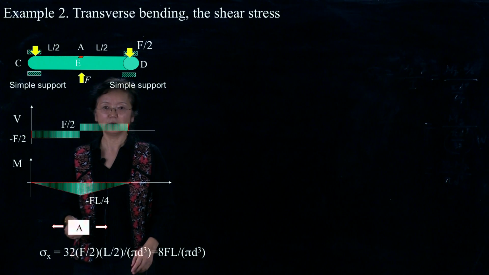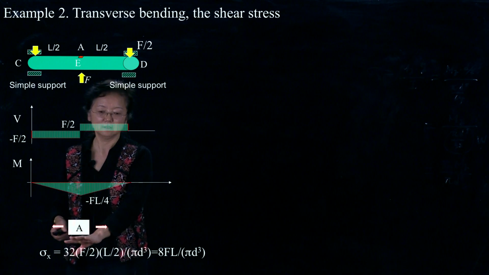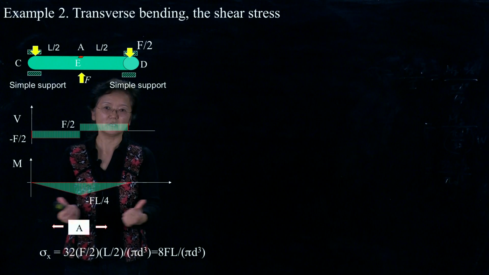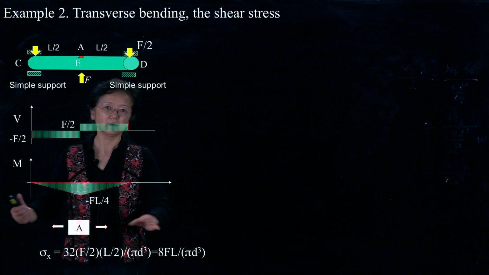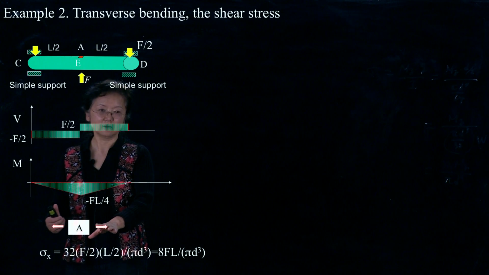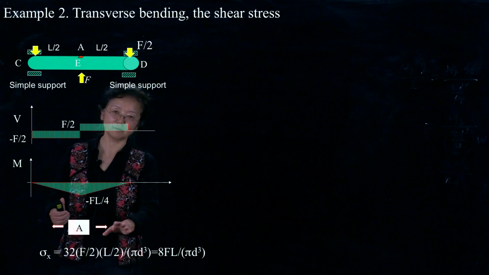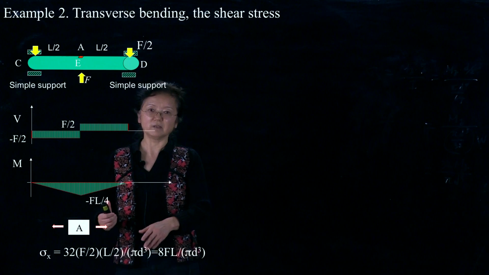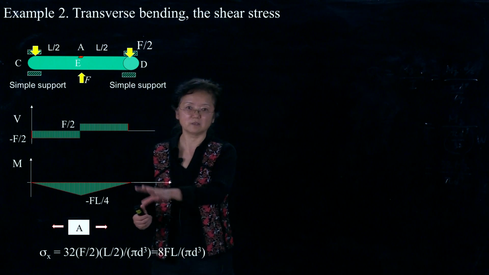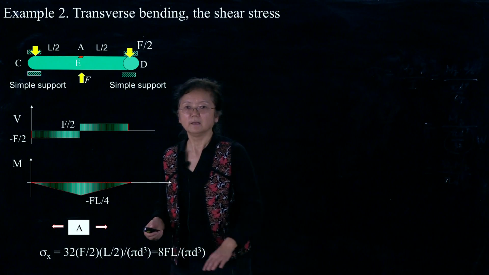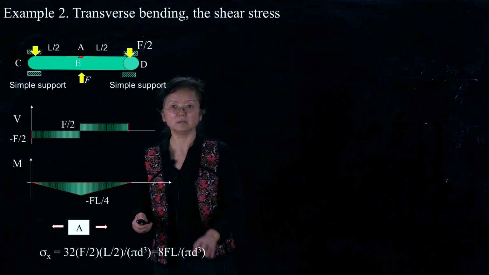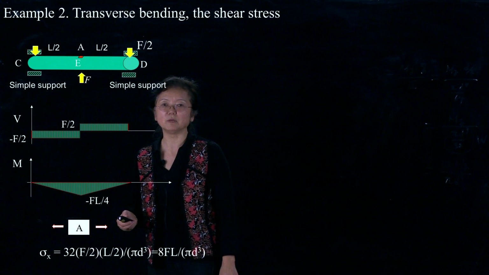And the value of A, of course, is something like this, and the stress is along the x direction. So that is 32 times moment. Moment is 1/2 of L times 1/2 of F, and then divided by pi d cubed, as what we discussed just before. All right, this is the total expression of the stress for this case.